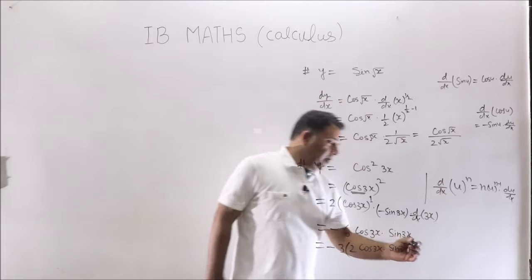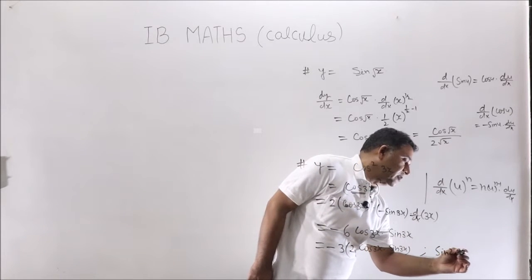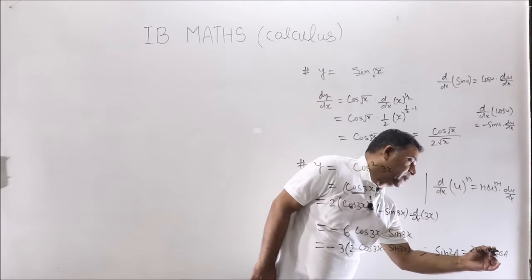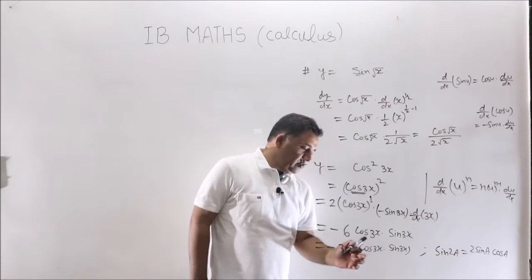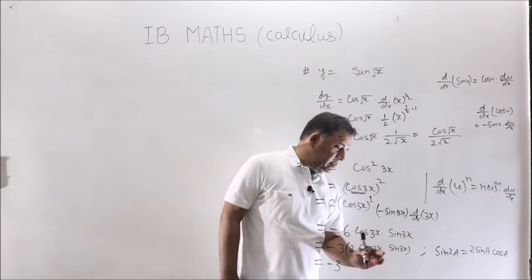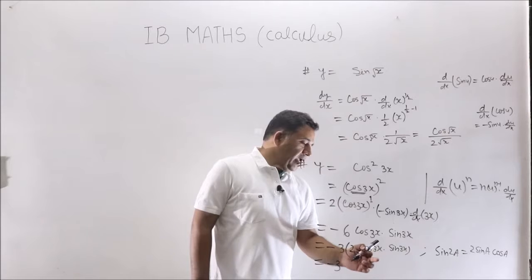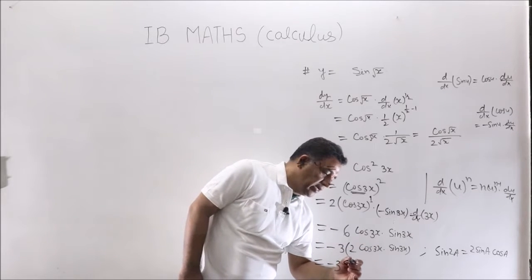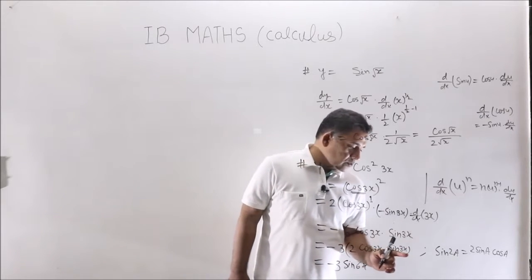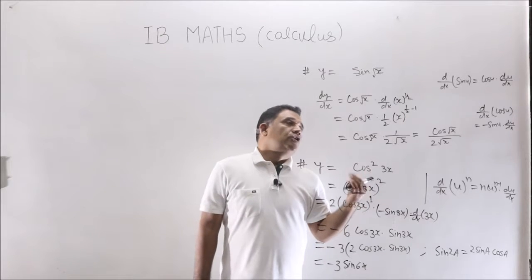If we apply the formula of sine 2a, which gives 2 sine a times cos a, then 2 times sine 3x times cos 3x would be sine of 6x. So minus 3 sine 6x, and we can leave the answer here, or simply stop at the earlier step also. So these two questions we have done based on trigonometric functions.